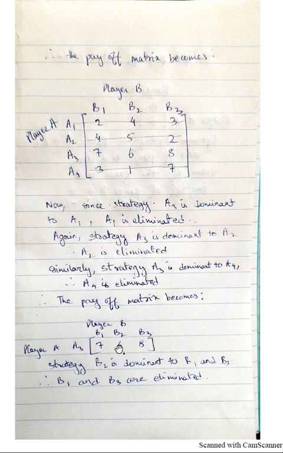So B2 will be dominant to B1. So B1 gets eliminated again. Since 8 is higher than 6, B3 also gets eliminated.